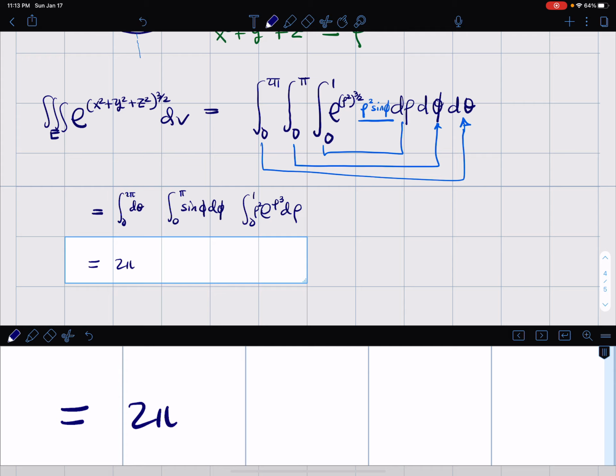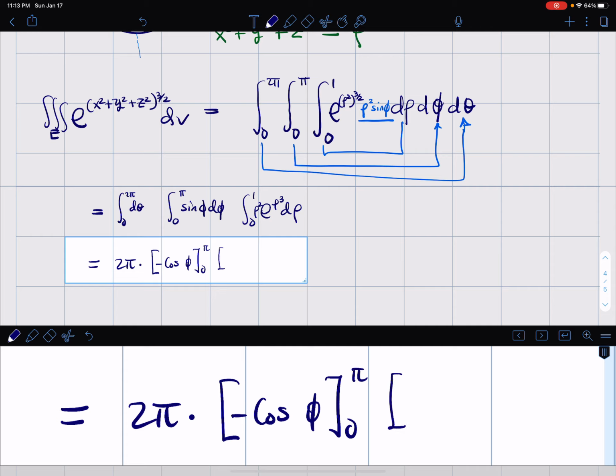So the first integral gives us 2 pi. The second integral, what does it give me? It gives me minus cosine phi from 0 to pi. And then 1/3.